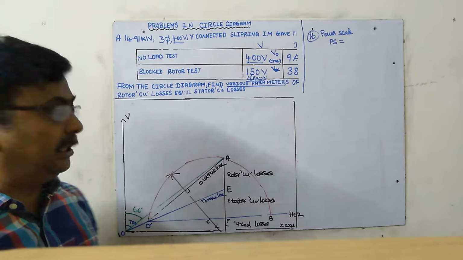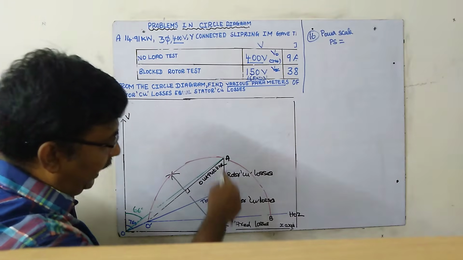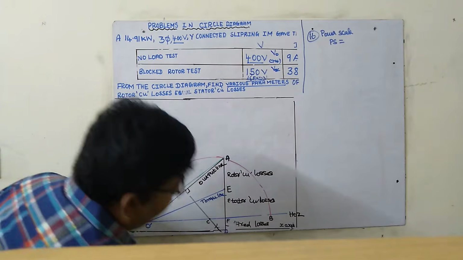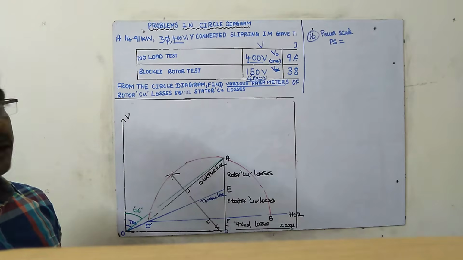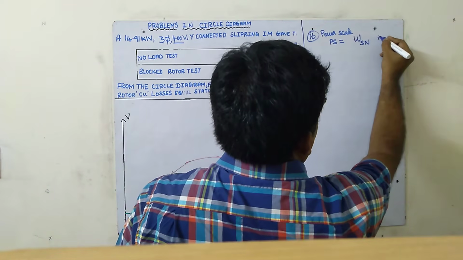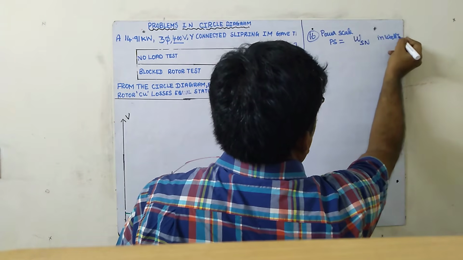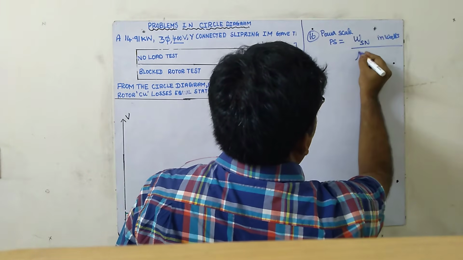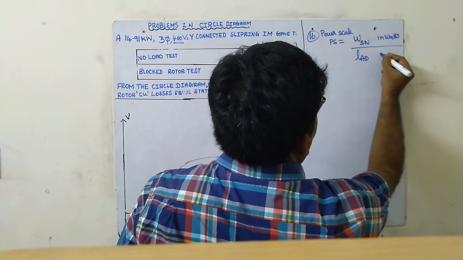AD is the WSN value in centimeter, so for 1 centimeter, what is the value? Power scale equals WSN in watts divided by the length of AD in centimeter.